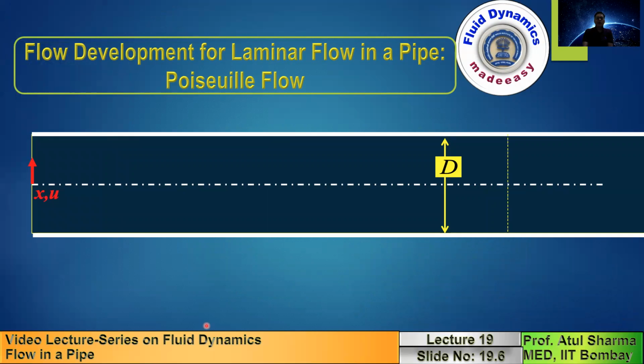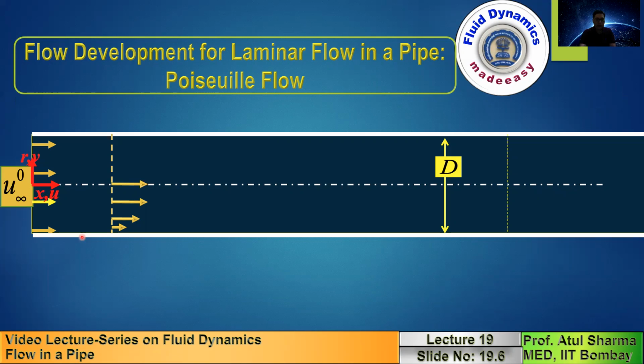When we consider flow in a pipe where this x direction is the axial direction, this r is the radial direction, the velocity in the axial direction is represented by u, the velocity in the radial direction is represented by v, and if you have a uniform velocity at the inlet, then when the fluid enters the pipe, at the solid surface you have a boundary condition which is called the no slip condition.